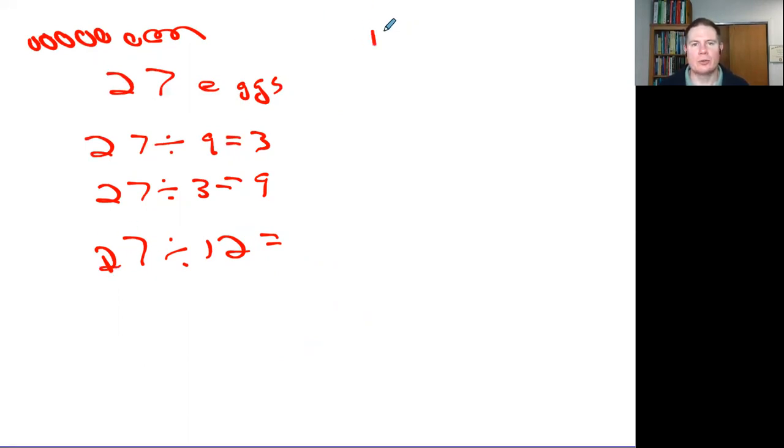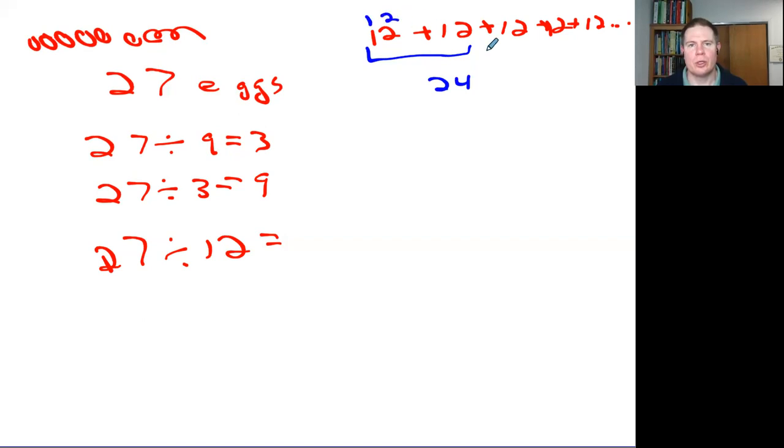Well, if I count by 12s, that's what we get here. 1 12 is 12. 2 12s, that's 24. So I'm starting with 12. If I add another 12, that's going to give me 36. If I add another 12, that's going to give me 48. Well, I only have 27 eggs, so I'm in between the 24 and the 36.